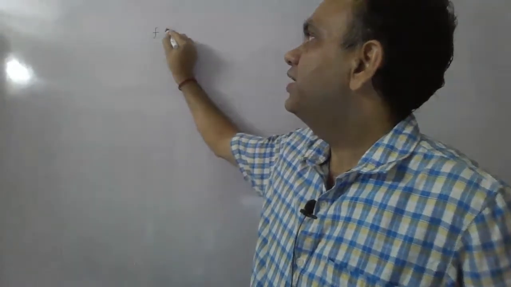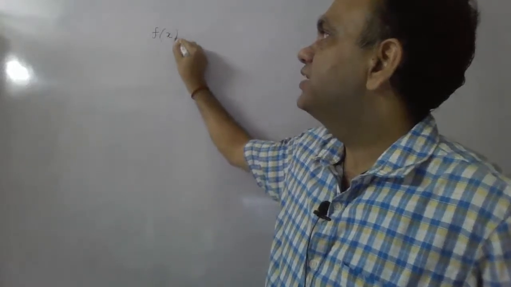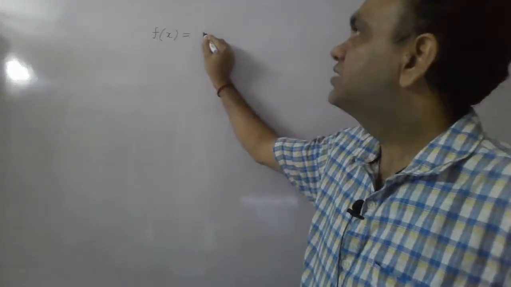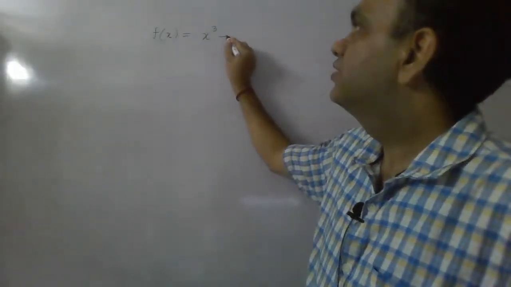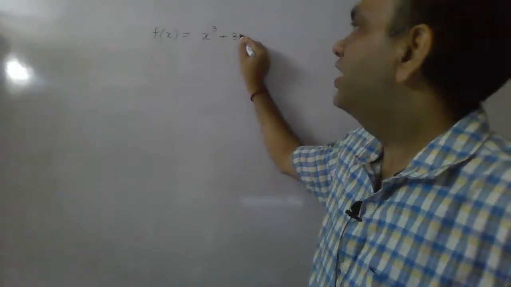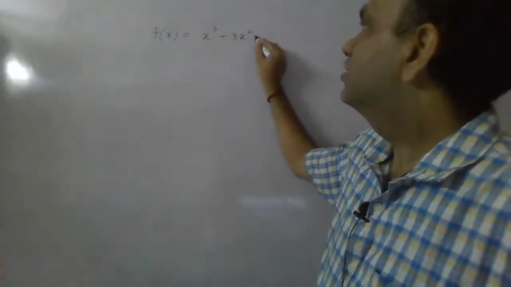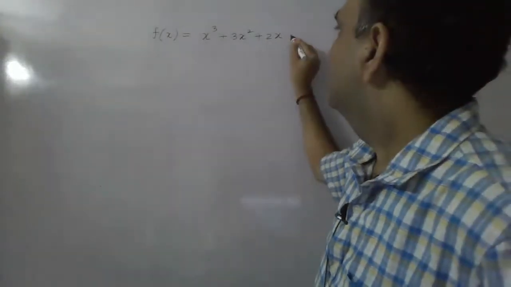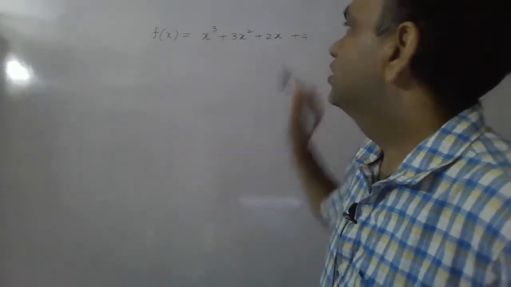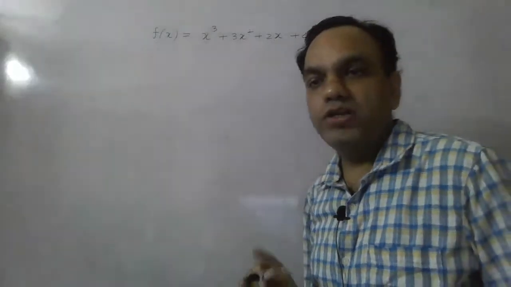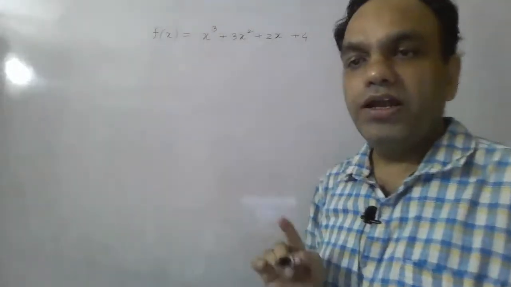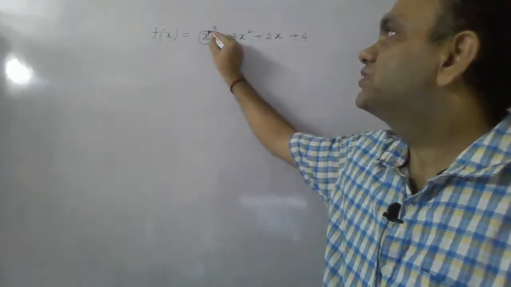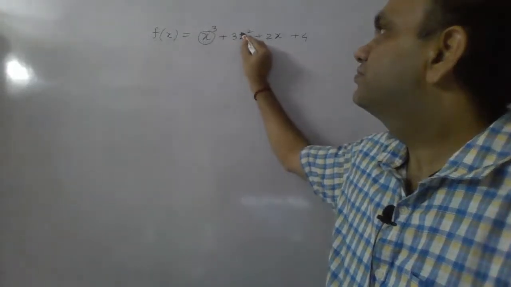Suppose I have written f of x is x cube plus 3x square plus 2x plus 4. So this is known as a polynomial of a single variable. Here we have only one variable, x.